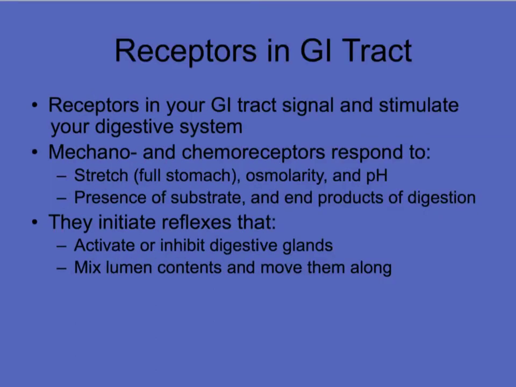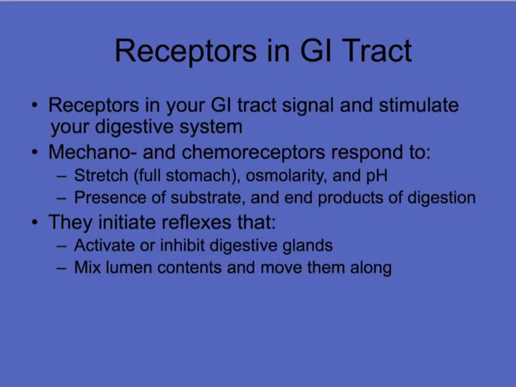You've got receptors in your GI tract that signal and stimulate your digestive system. You've got mechanoreceptors and chemoreceptors that respond to the feeling of a full stomach, osmolarity, so changes in concentrations or pH, the presence of certain substrates, and also the end products of digestion. As food moves through your digestive tract, it's picking up on these things and responding appropriately.